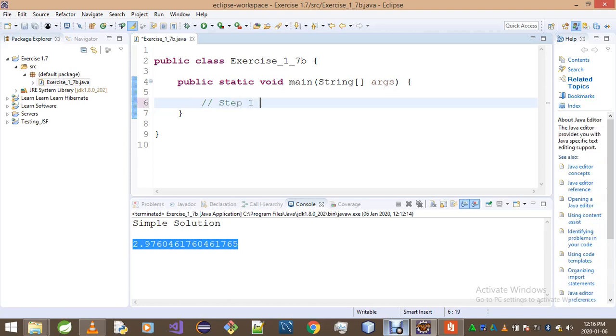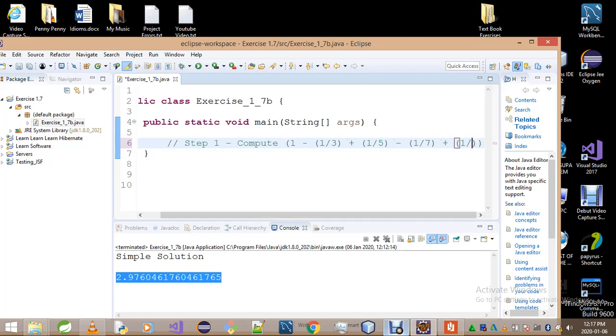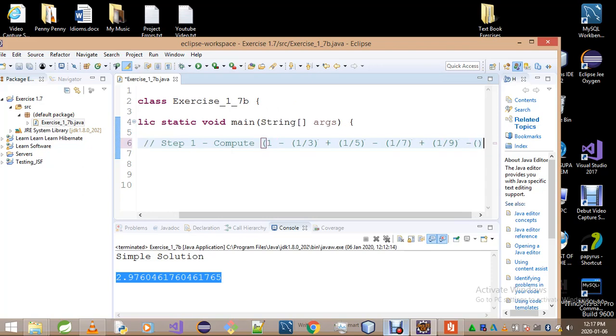Step 1. We're going to have to compute 1 minus 1/3 plus 1/5 minus 1/7 plus 1/9, and lastly, minus 1/11.